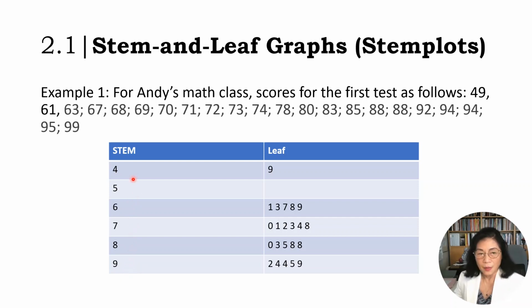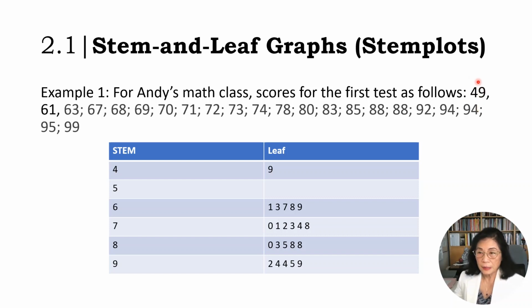So, observe the data. 49 is the smallest value, and 99 is the largest value. So we will separate this 49, two digits.